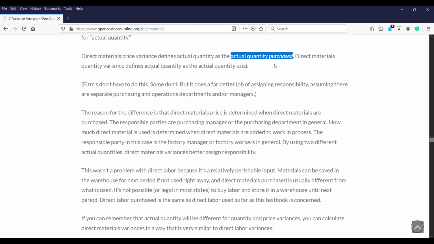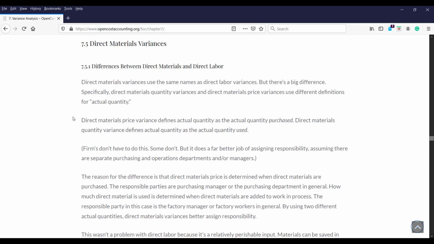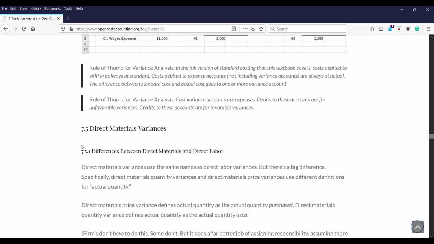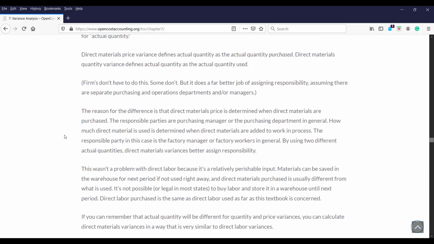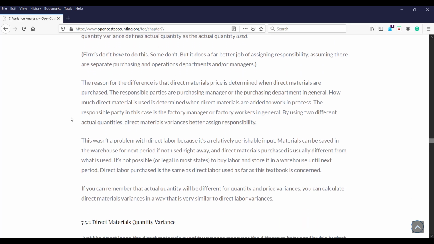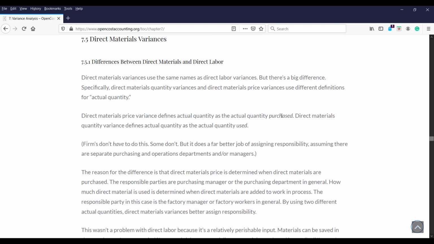So what this also means is that direct materials often doesn't line up as perfectly as you'd like. If you lined up everything like in direct labor here, this balances perfectly. It's not going to be quite as neat and tidy with direct materials, assuming they make this distinction between purchased and used.